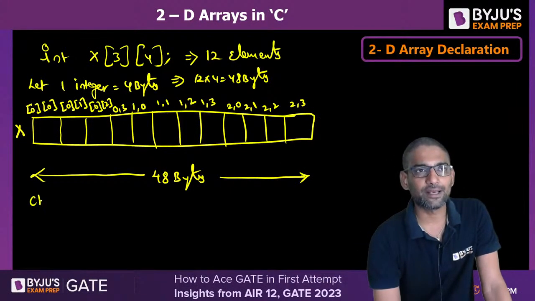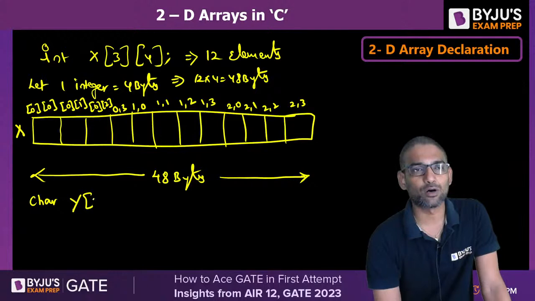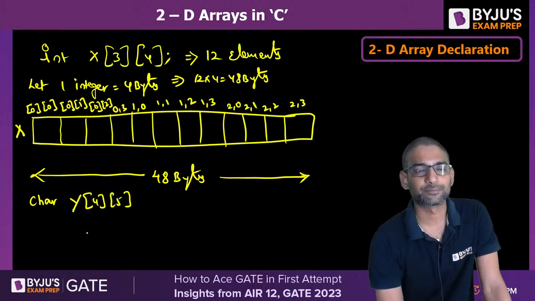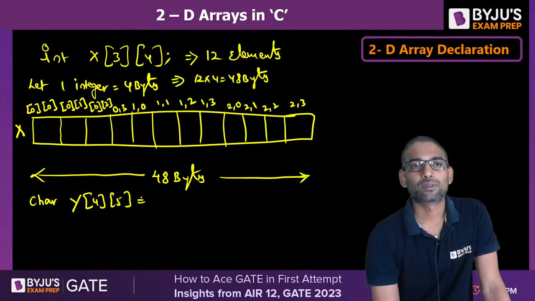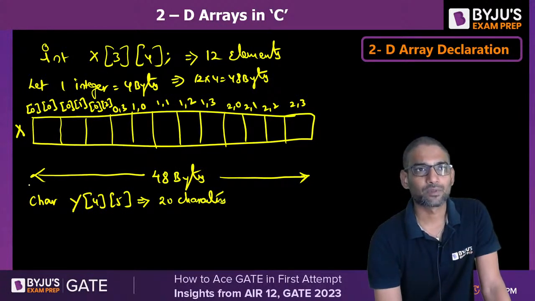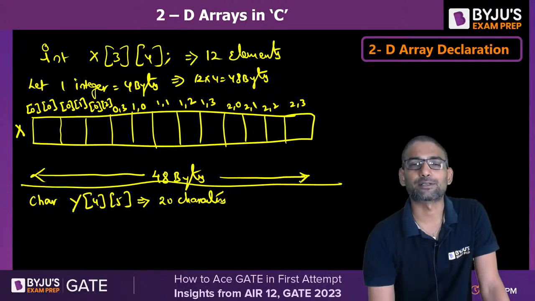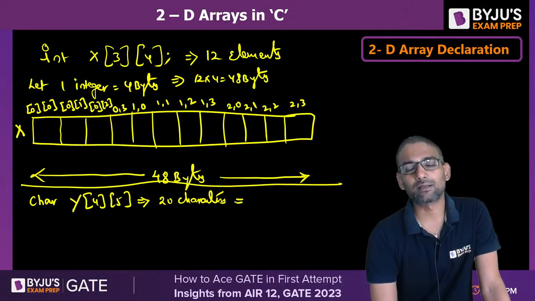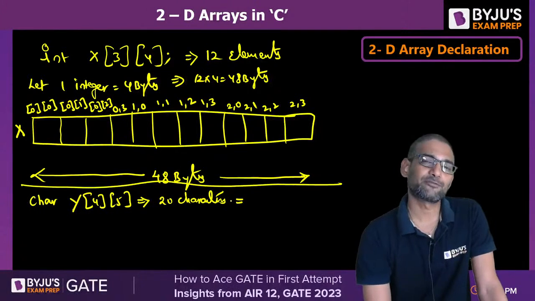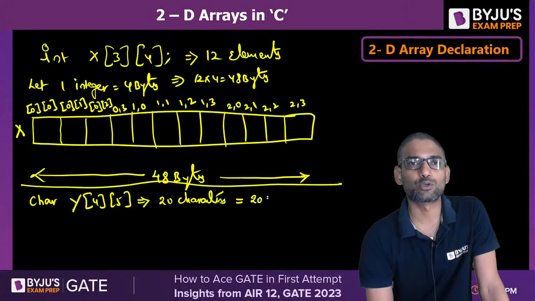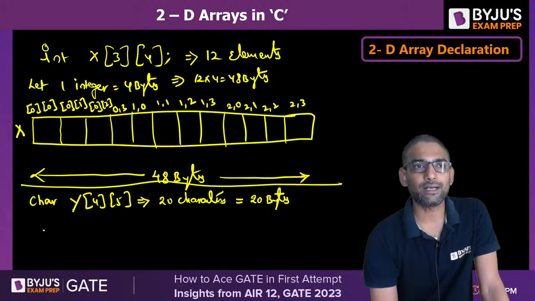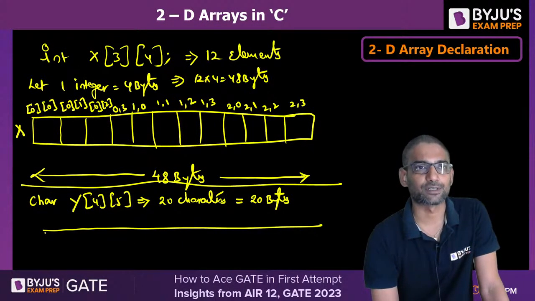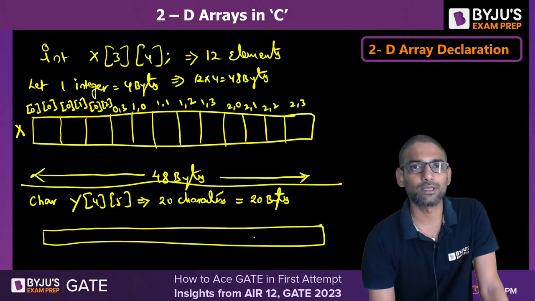Similarly, if I create char y of 4 by 5, that means there are total 20 characters. One character we know takes 1 byte fixed in C language. So total 20 bytes space is allocated for this array at consecutive location.